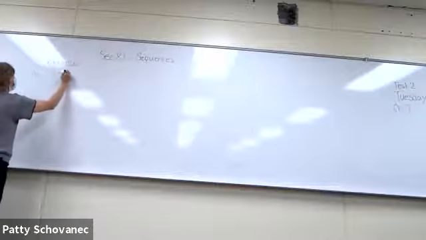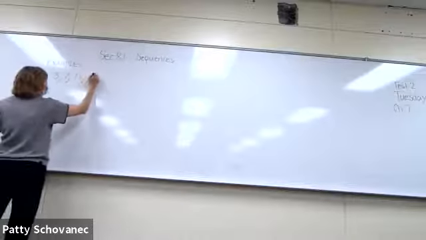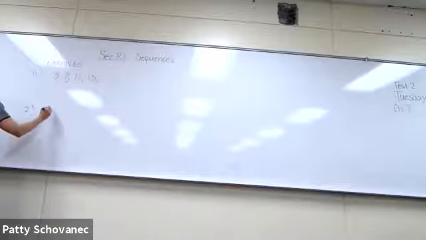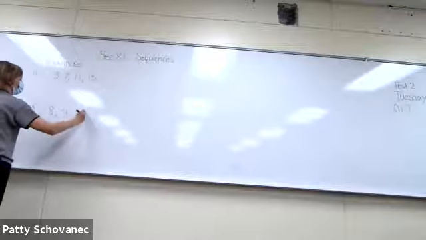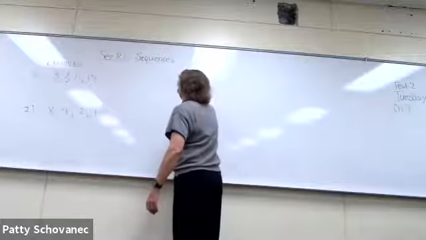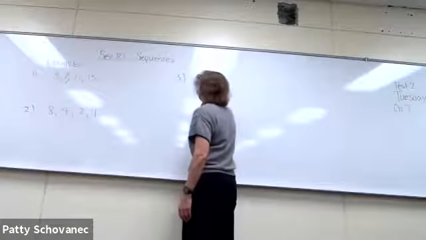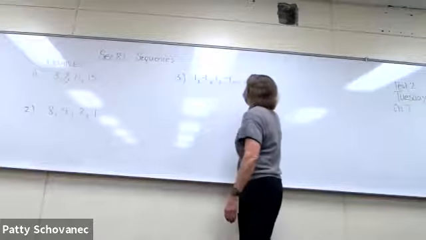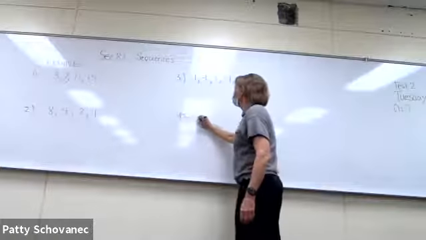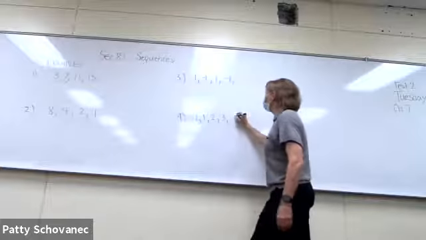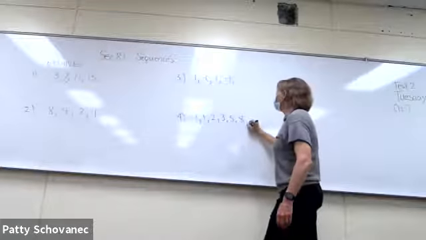Let's see, 3, 7, 11, 15, there's a little gap there. 8, 4, 2, 1. 1, negative 1, 1, negative 1. 1, 1, 2, 3, 5, 8.